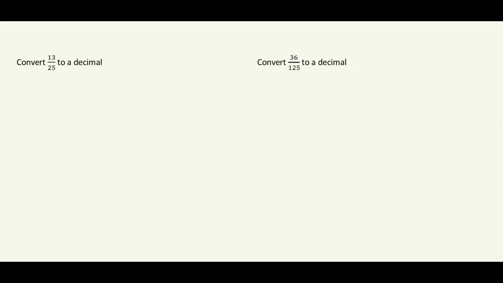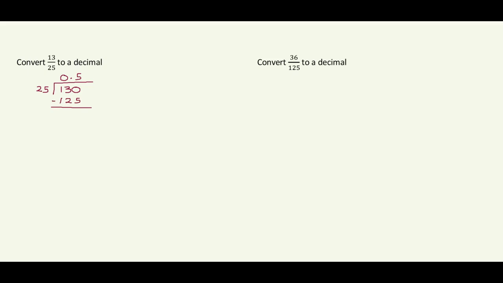So now we have 13/25. So we have the numerator goes on the inside, the denominator goes on the outside. 13 is less than 25, we put a 0 point, and then we append a 0 here. 130 divided by 25, we have 5. 5 times 25, we have 125.